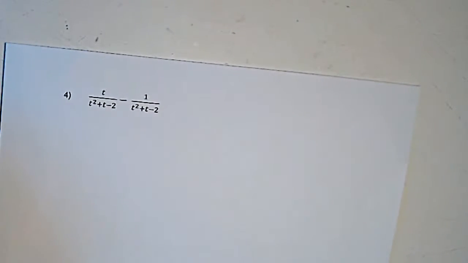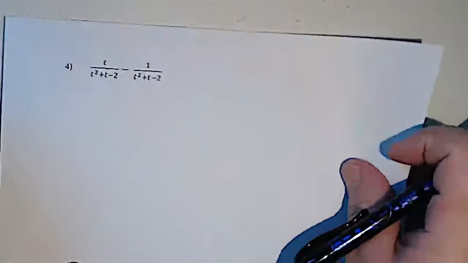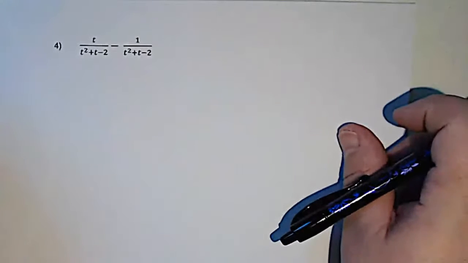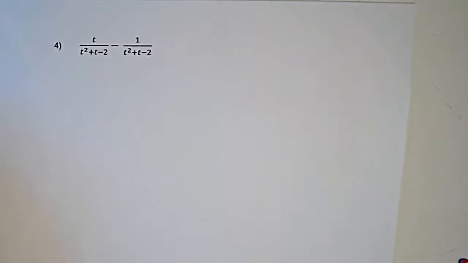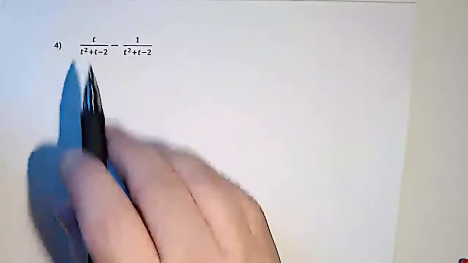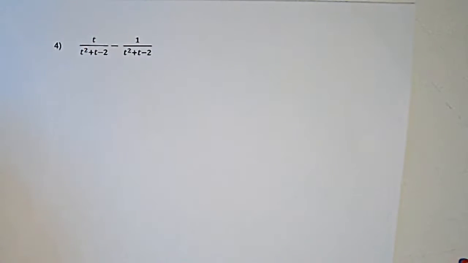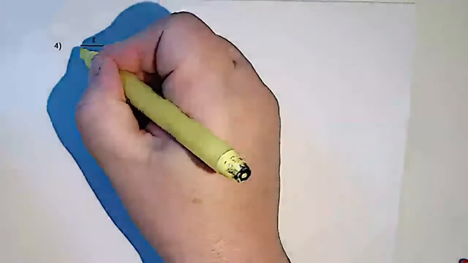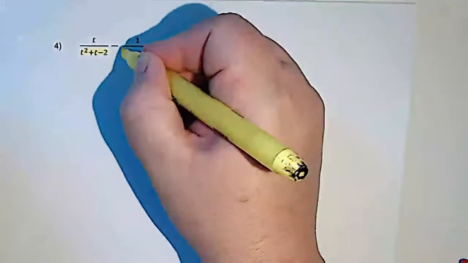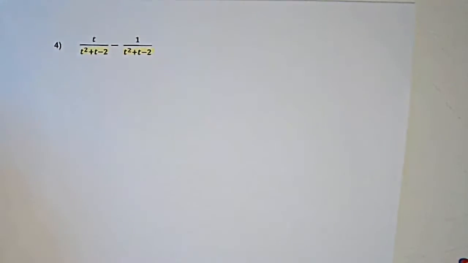Okay, so next page. Woohoo, one more problem. Oh no, why would there be one more problem with a whole page of space? I don't know. Don't worry about it. It's not that bad. Okay, so again, I've got t all over. Let's take a good look at this. I see t squared plus t minus 2. I think in both cases, they do match.